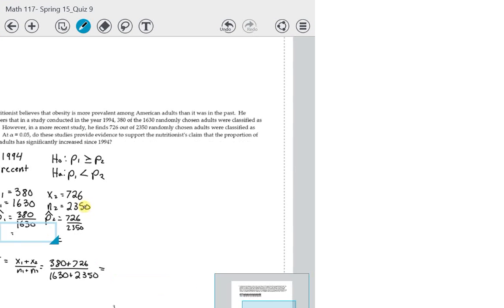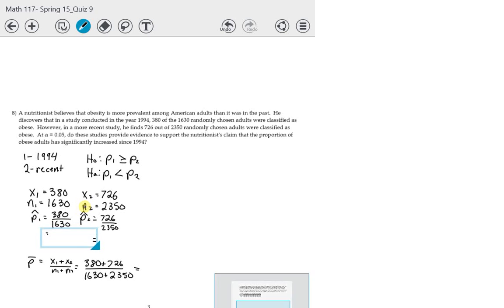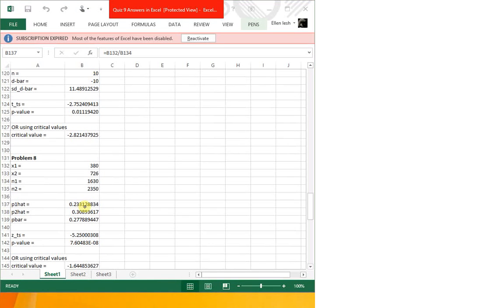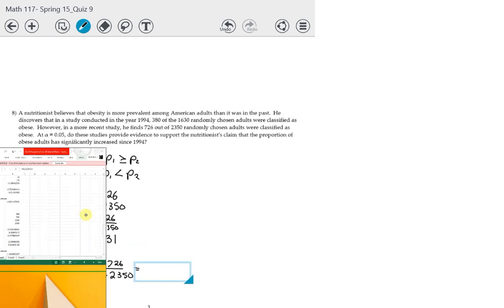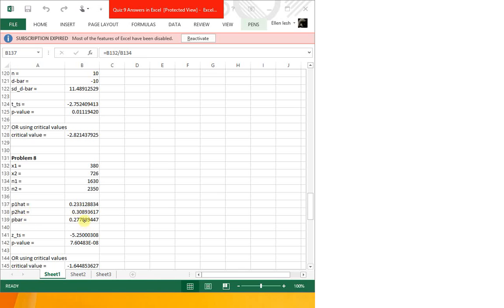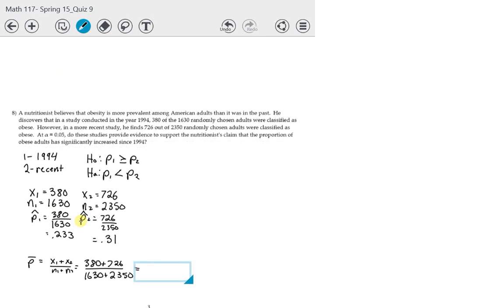So let's go ahead and write that down. 0.233. p hat 2 is 0.31, rounded, and then the p bar is 0.278, rounded.